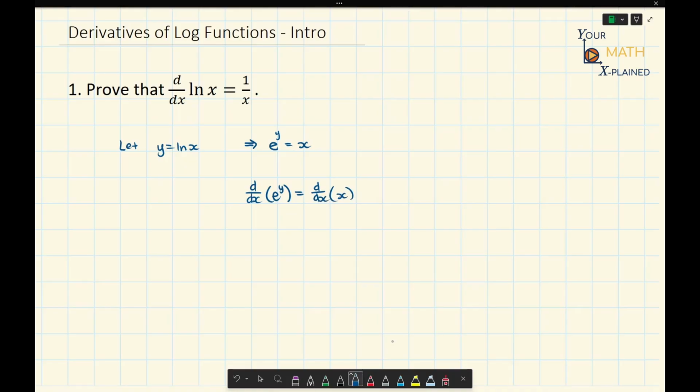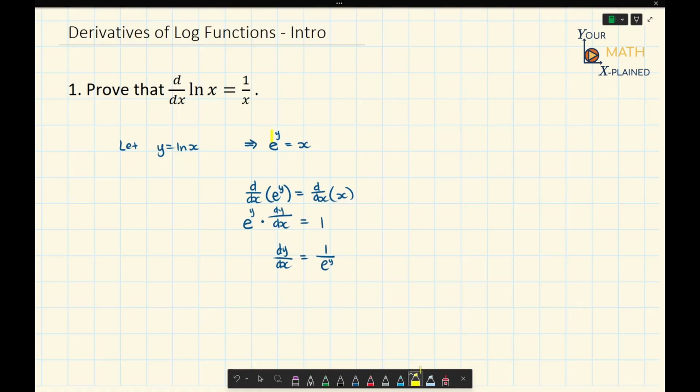Now remember that y is still a function of x. So on the left-hand side, when we take the derivative of e to the y, we have to remember to use chain rule. So that's going to be e to the power of y multiplied by dy dx. And then on the right-hand side, that is equal to 1. And now if we isolate dy dx, we get dy dx is equal to 1 over e to the power of y.